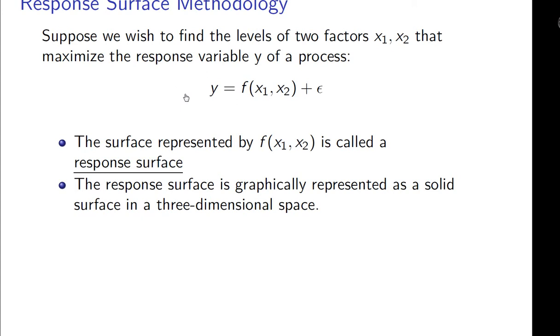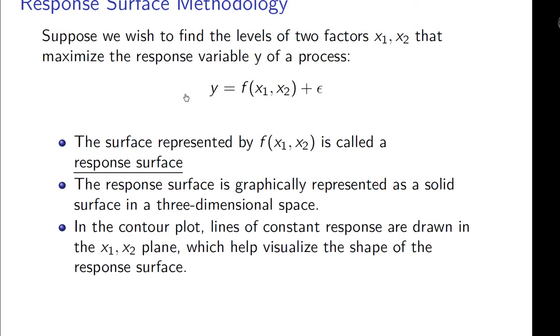So if you have a two-factor experiment, it's very easy to represent that in a three-dimensional graphical representation. You'll see throughout this treatment that there are contour plots that we'll talk about, and the contour plots, or sometimes the term level set is used. The contour plot are sets of lines of constant response value, and they're drawn in the plane.